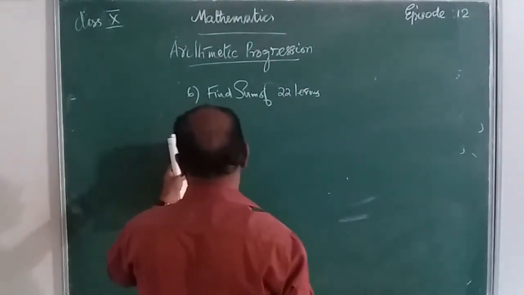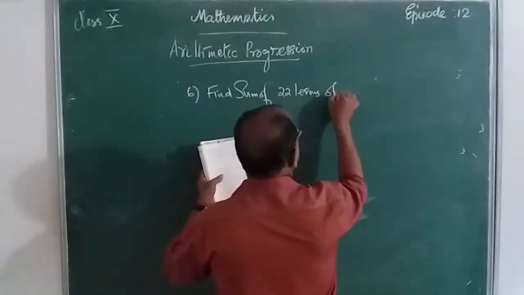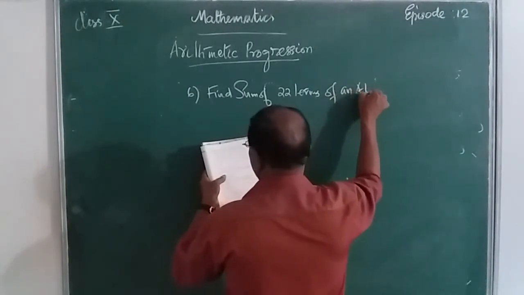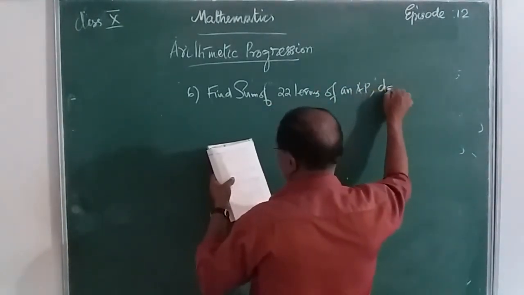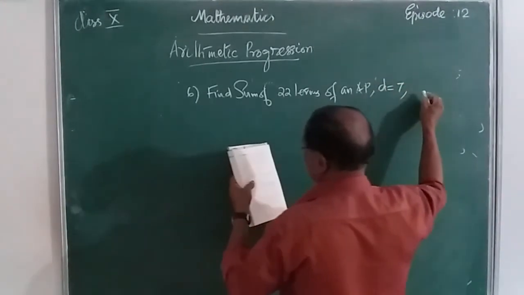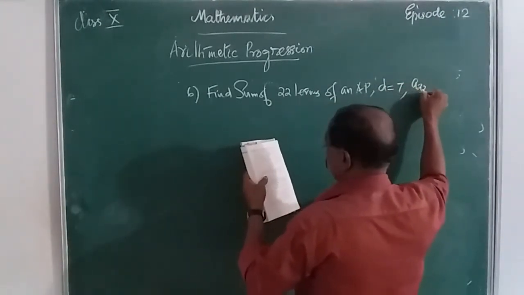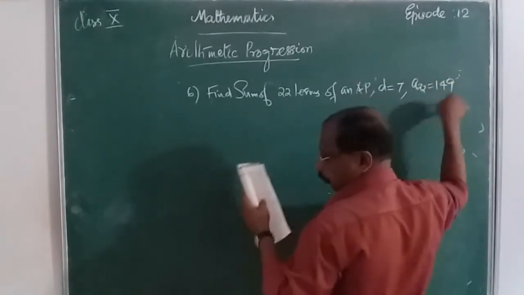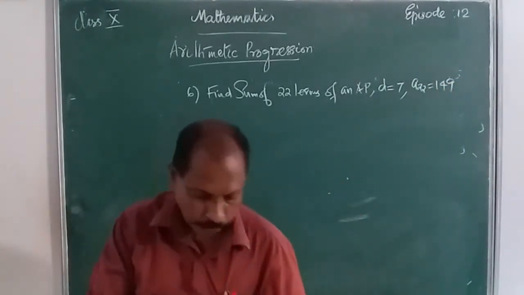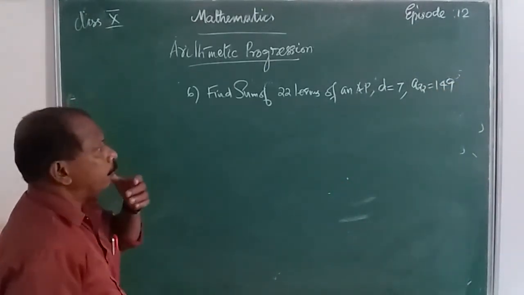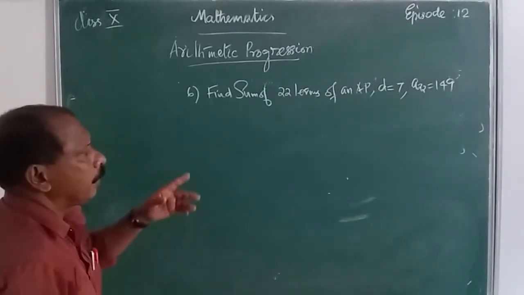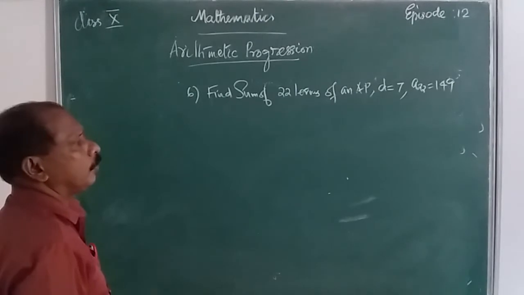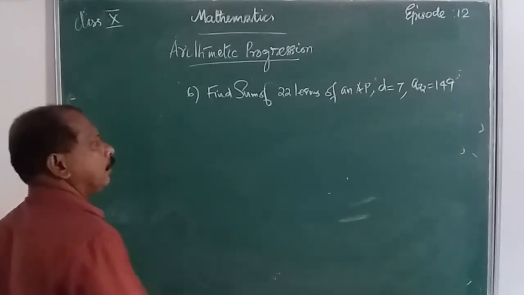D is equal to 7. A22 is equal to 149. Okay, that is the next question. Find the sum of 22 terms. D is 7. A22 is 149.